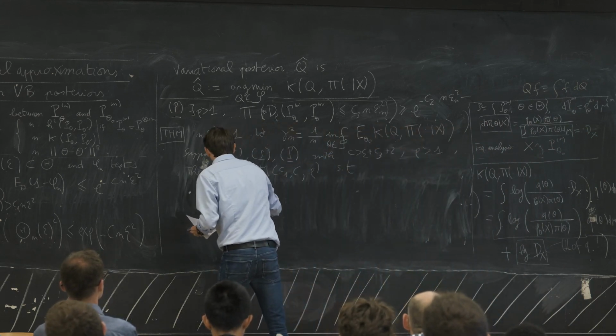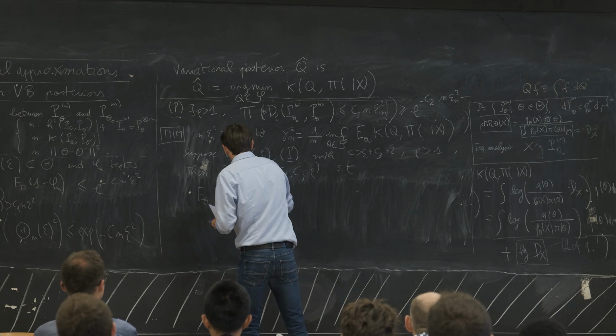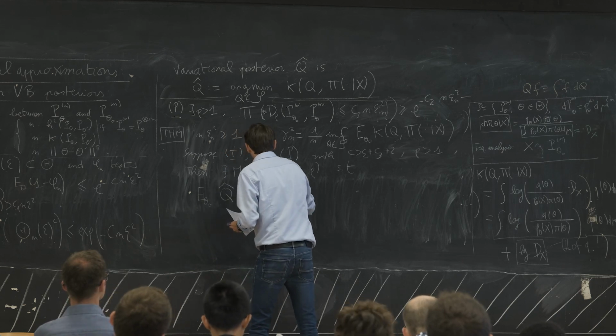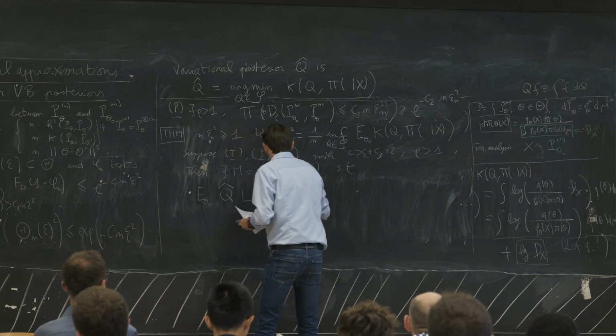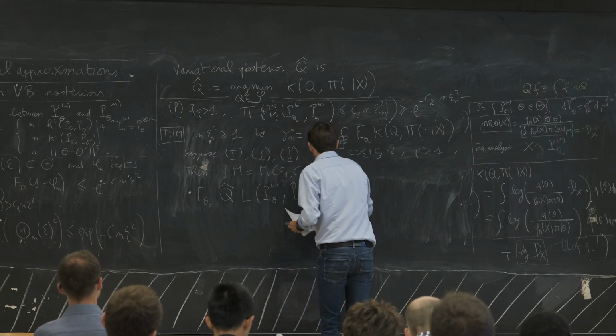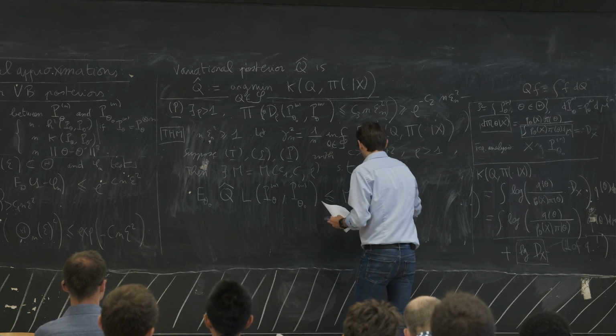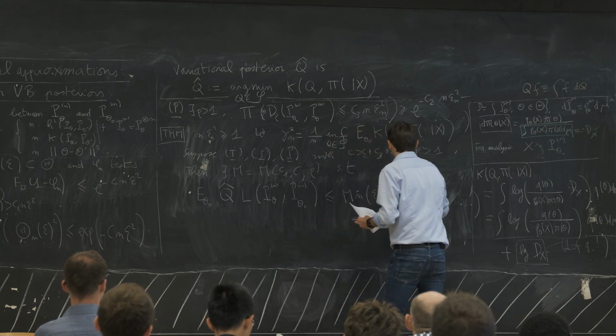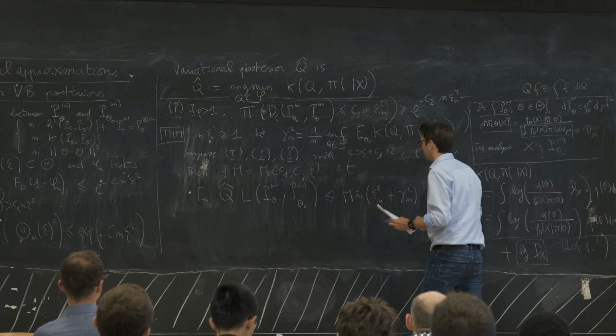So Q hat is the integral against the variational posterior of the loss, which is what we want to control. E theta 0 of this is smaller than m n epsilon n squared plus gamma n squared.